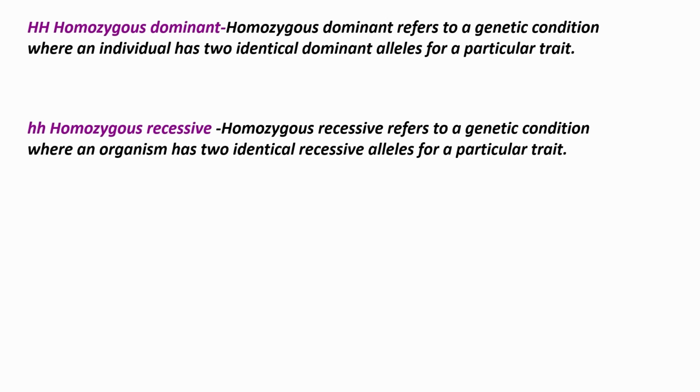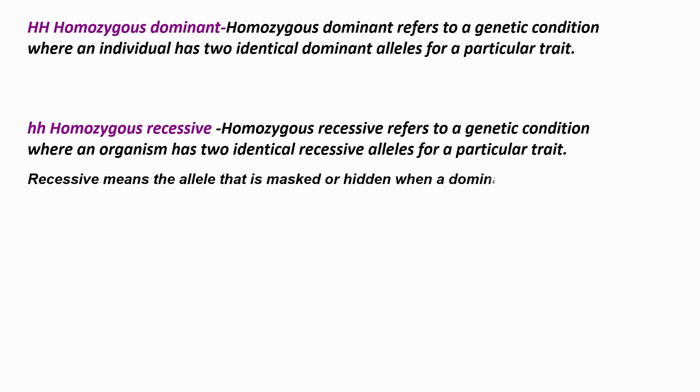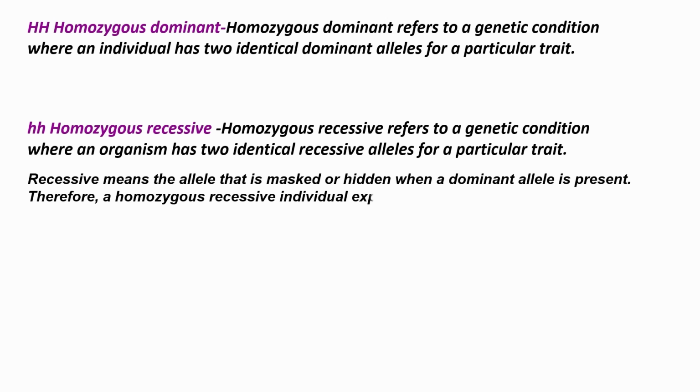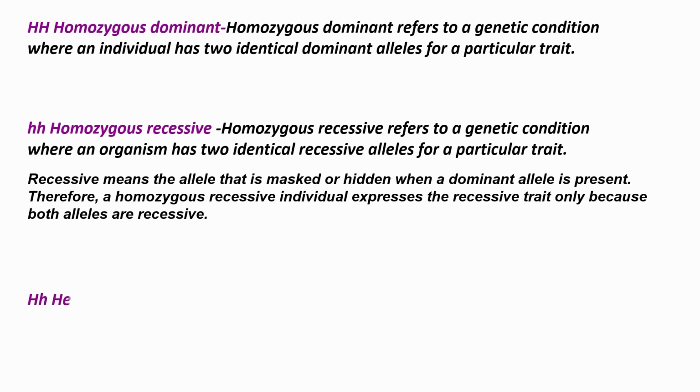Homozygous recessive refers to a genetic condition where an organism has two identical recessive alleles for a particular trait. Recessive means the allele that is masked or hidden when a dominant allele is present. Therefore, a homozygous recessive individual expresses the recessive trait only because both alleles are recessive.